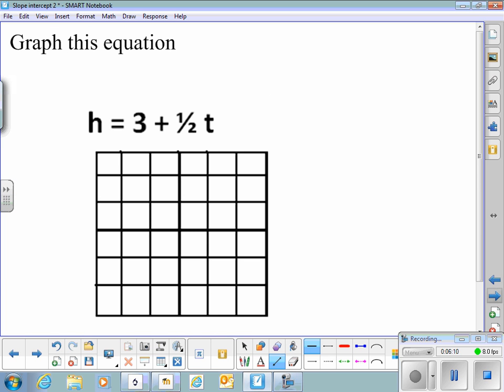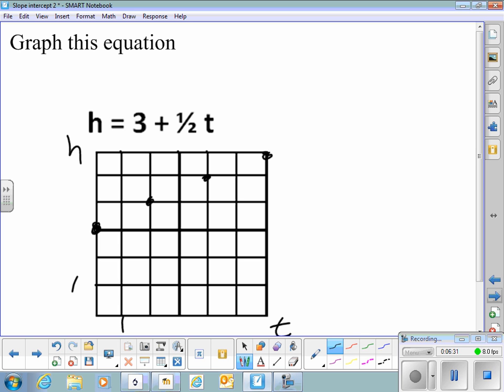Another couple real quick. t, h, if each square is 1, up 3 is where I start. When t is 0, then I go up 1 over 2, up 1 over 2.